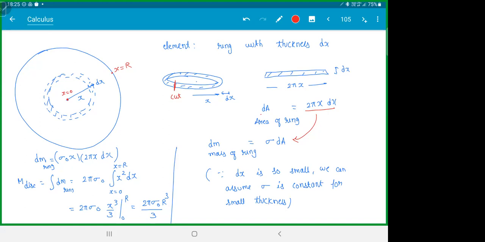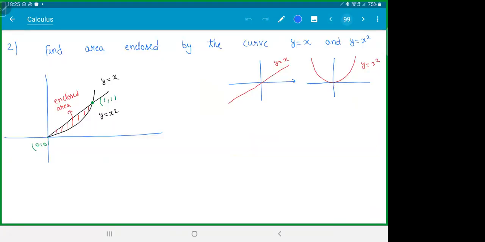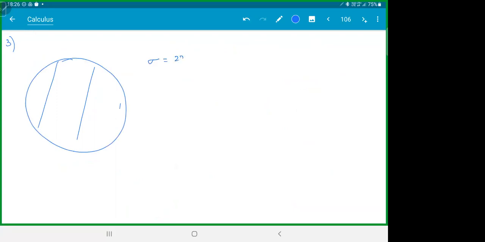All clear with this? Let's do a problem based on this. Same question, I'll just change the numbers. So we have a disk with sigma equal to 2x plus 3, where x is the distance from the center. The value of x lies between 0 and 3, so the radius is 3 meters.